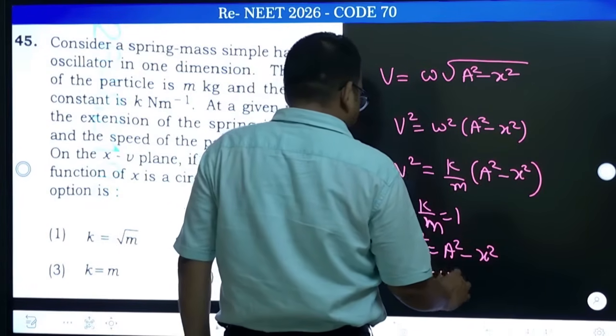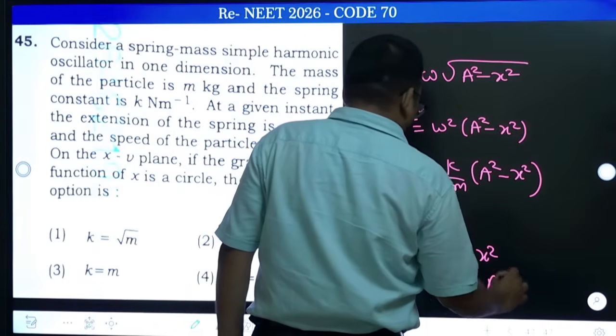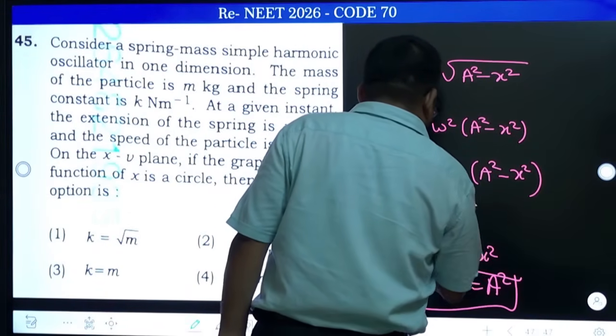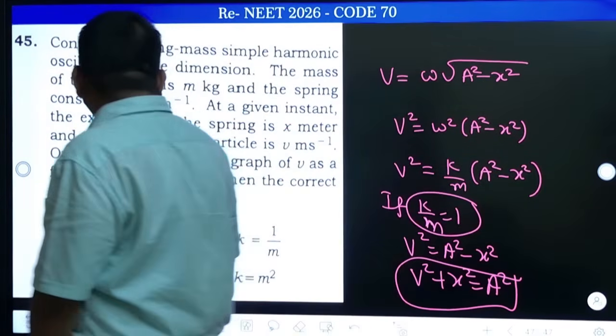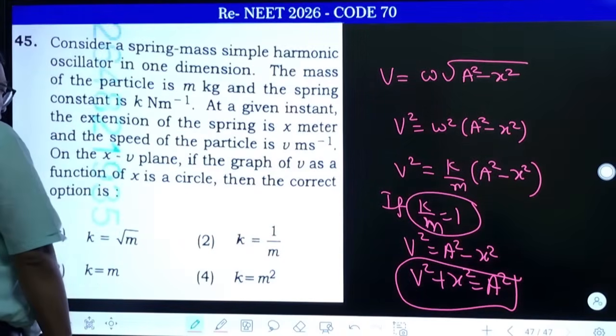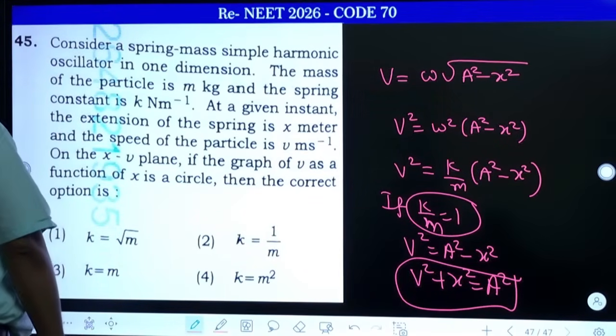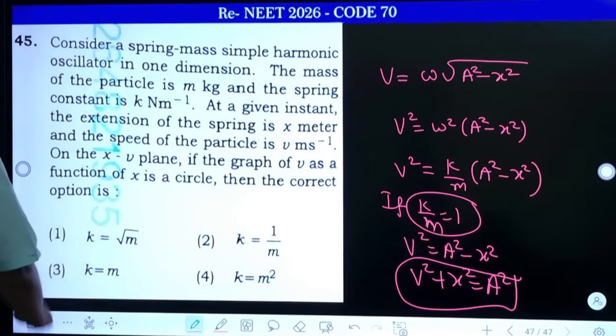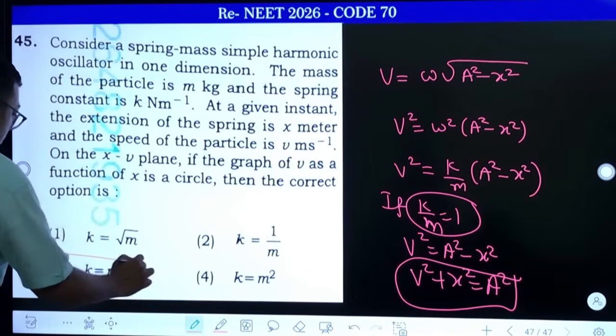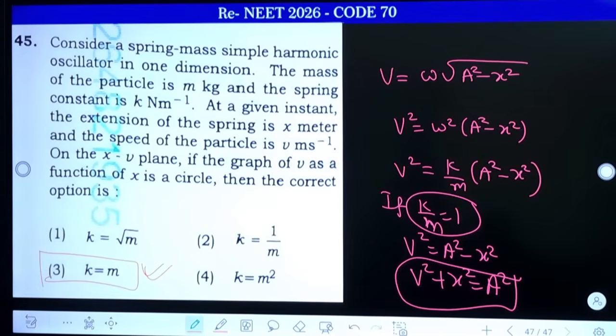Then v square plus x square is equal to a square. Okay, that's all. So the ratio k by m must be 1, k and m must be equal.